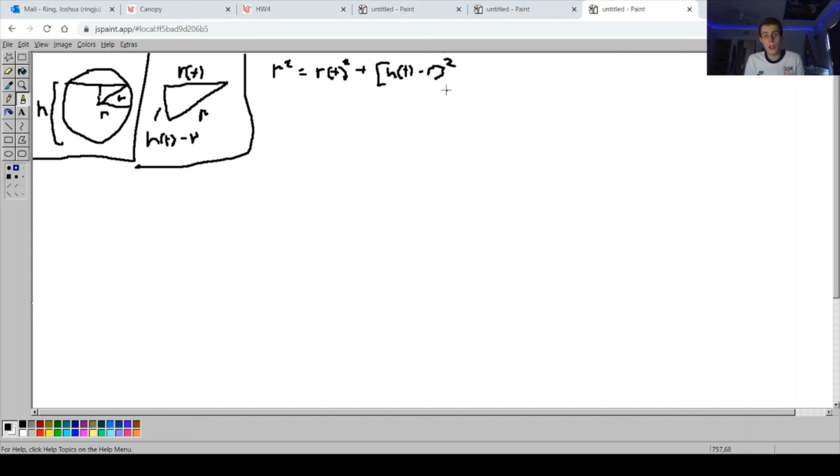Our goal here is to solve for r_t. So we can do a little bit of rearranging, and when we do that, we will have r_t squared is equal to our normal radius squared minus our height term.